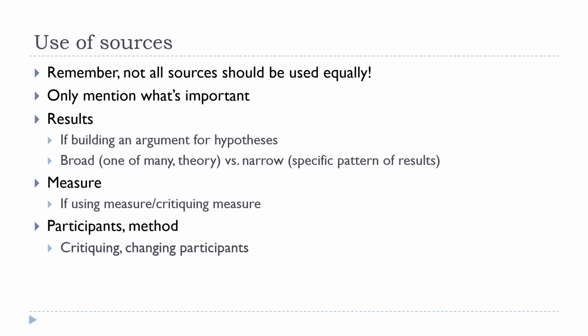So for example, if you're summarizing research that is only about elementary school students, you might say, previous research has really only looked at elementary school students, and I'm applying it to this new population, and here's how I think that might change things. So you'd really only hang a hat on your participants if it was a significant shift in terms of which participants you were using, or if you were using it as a source of critique. Otherwise, don't really go into detail about the participants.